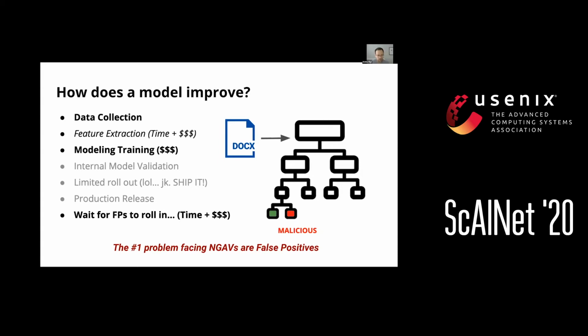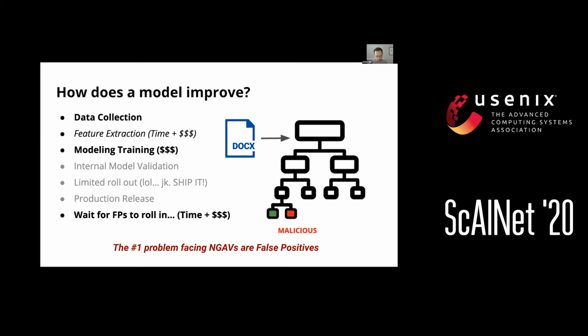You can take time and money to extract new novel features that attempt to identify new families or subclasses of the problem you're tackling. You can retrain a model more often, or you can wait for a bunch of FPs to roll in and do a big update then. All of these take a fair amount of time, energy, and dollars to accomplish.